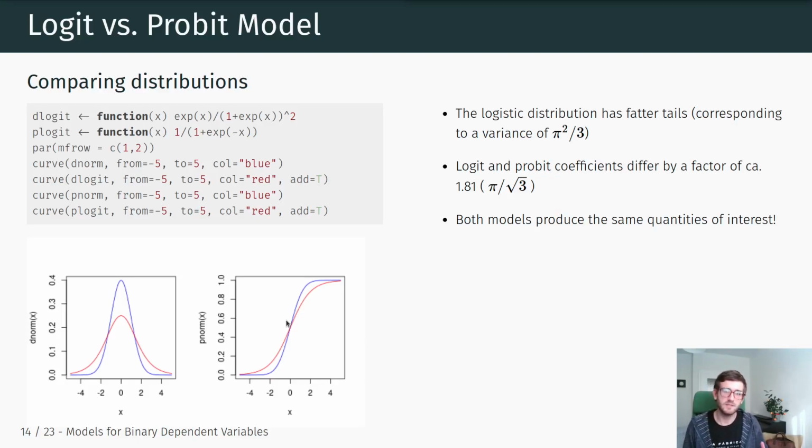But because the difference in the link functions can be characterized by a systematically lower slope for the Logit, we can show that the Logit coefficients and the Probit coefficients always differ by a certain factor, and that factor is 1.81.